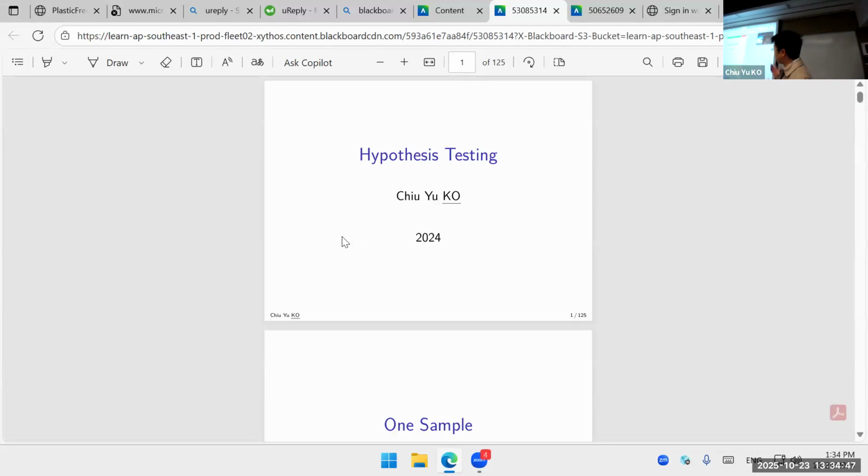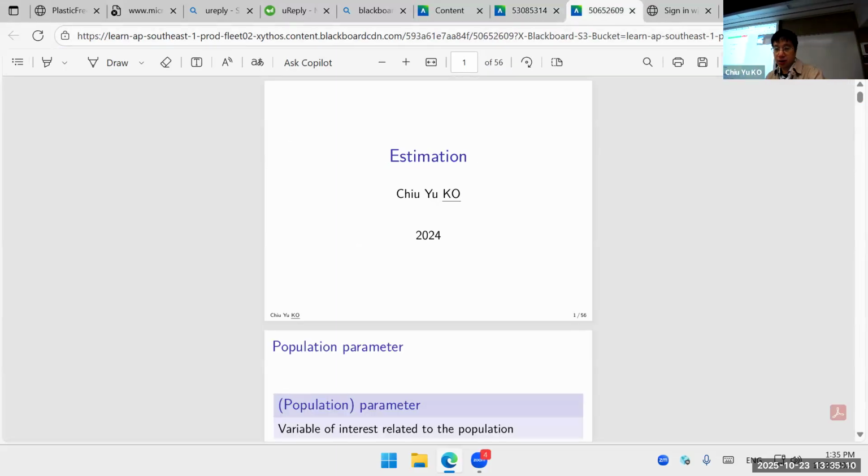Once you do that, with hypothesis testing, we're checking whether what you have found is going to be valid. This is the standard procedure for any model you're going to do. And when we do ANOVA or regression, the last part of our course, we'll be doing these two procedures. So let me finish this estimation topic first.